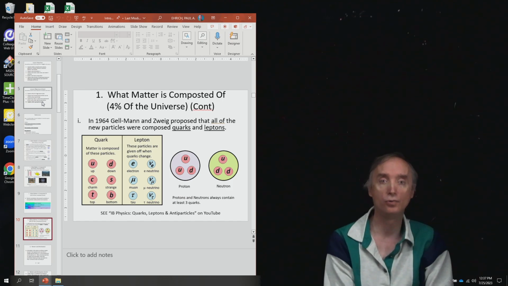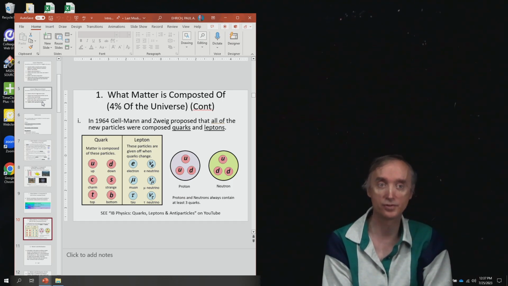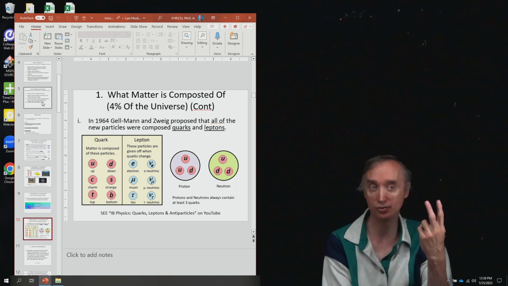Okay, you've got to know what quarks are. Matter is going to be composed of 6 kinds of quarks, and you don't need to know the names of the quarks. It's also going to be composed of 6 kinds of leptons, and you don't need to know the names of the leptons except for 2.